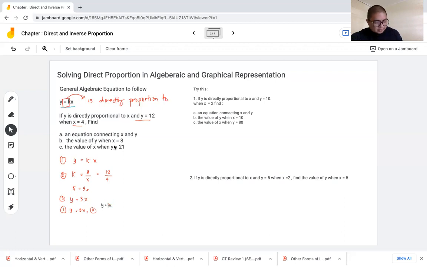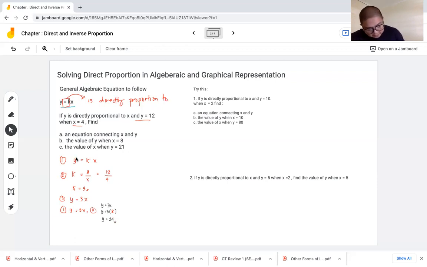And if your y is equivalent to 3x and it was mentioned that your x should be equal to 8, that means all you need to do is to plug in that particular value 8. So if you calculate it, this is going to be y is equivalent to 3 times 8, which gives you 24 for the value of y. And that is how we are going to answer the second question.